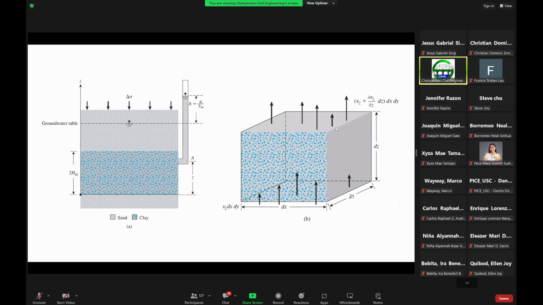And then water is squeezing out. For example, in this direction here, water is going up into the sand layer because water is squeezed out from the clay layer because of the effect of this stress increase, because of the foundation loads.